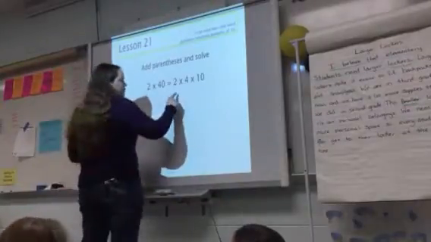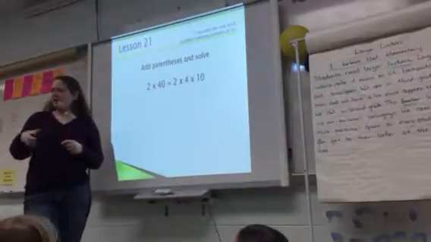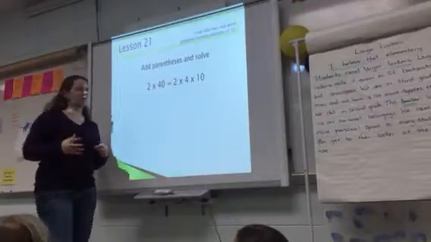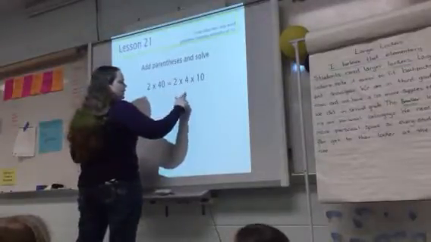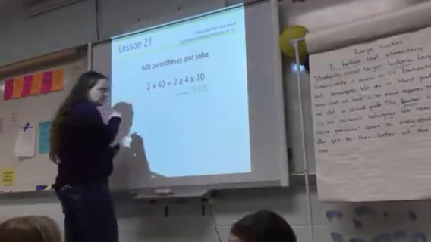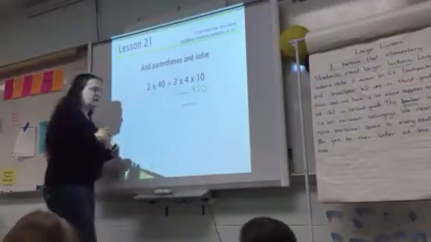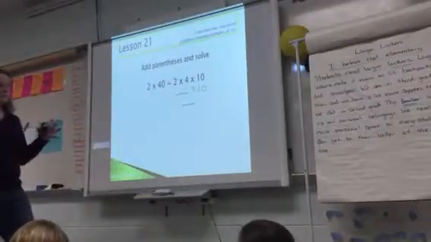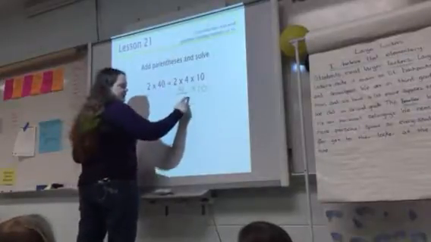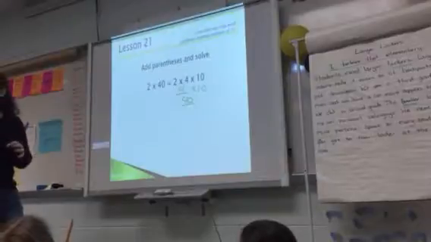I had friends who were doing things that I felt were clear, and they must not be, because we weren't doing them correctly. So if you see this and then the answer, I had friends just take one of these two numbers and move it down and tell me that the answer was 40. But that's not what we're doing.